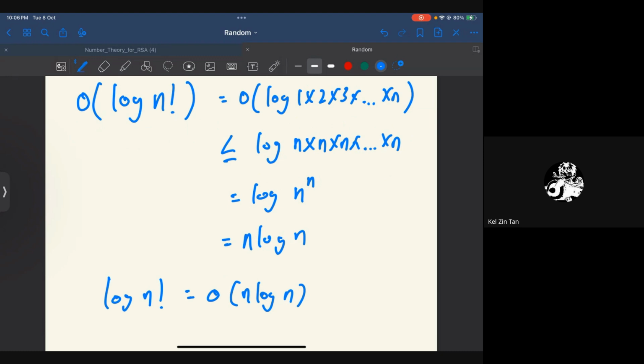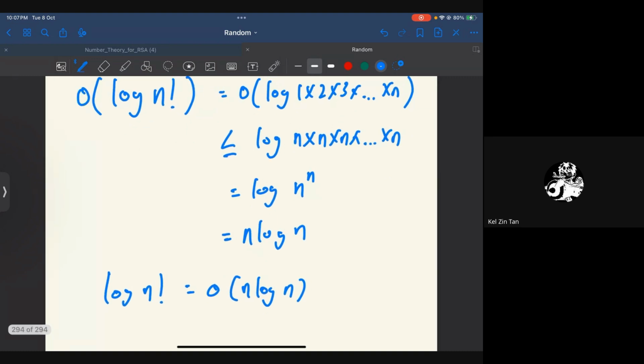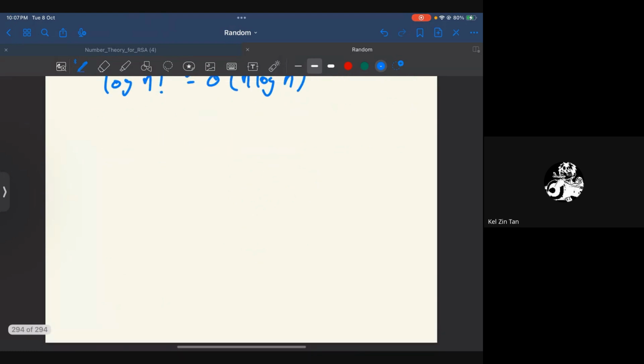What else do I want to say? Yeah, I think that's okay. So now maybe I should talk about CRT tree. CRT tree asks the question that we have two equations.